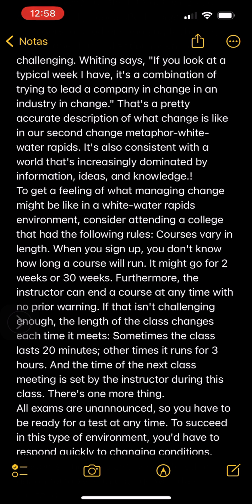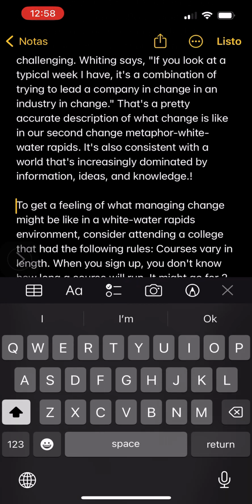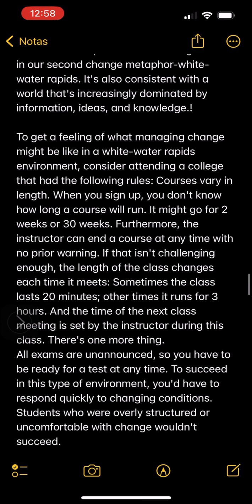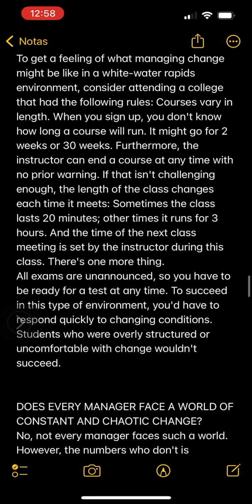To get a feeling of what managing change might be like in a Whitewater Rapids environment, consider attending a college that had the following rules. Courses vary in length. When you sign up, you don't know how long a course will run. It might go for 2 weeks or 30 weeks. Furthermore, the instructor can end a course at any time with no prior warning. If that isn't challenging enough, the length of the class changes each time it meets.